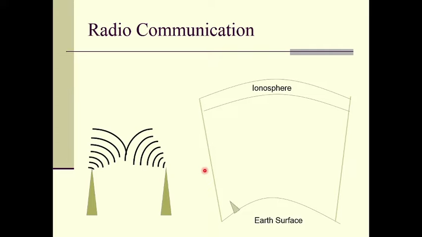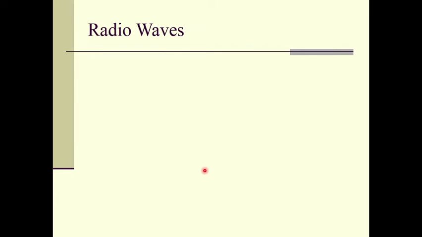When the radio waves are transmitted from the tower, they will be reflected back from the ionosphere and clouds, and therefore they will be received by another antenna placed at a far distance on the earth's surface. By using this technique we can do long distance communications through the radio waves.